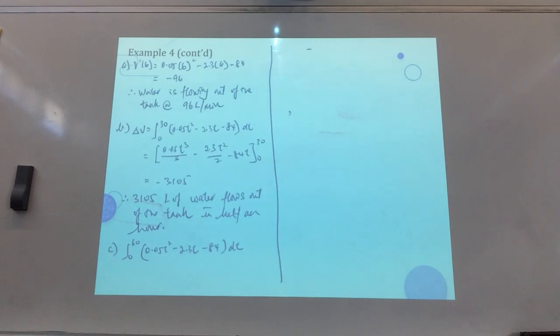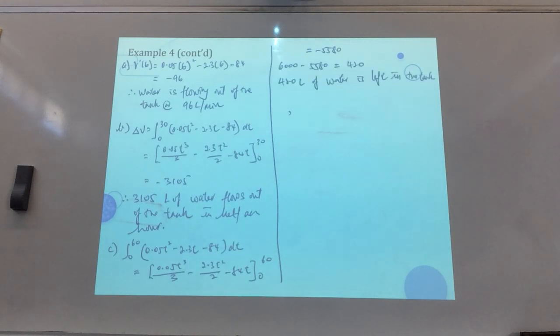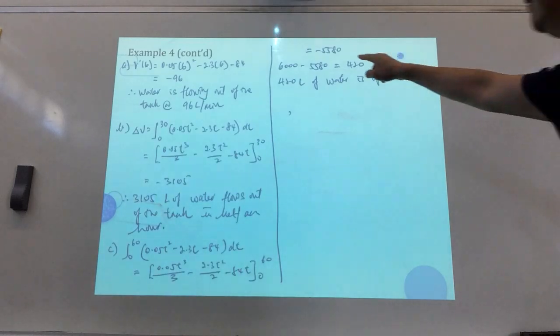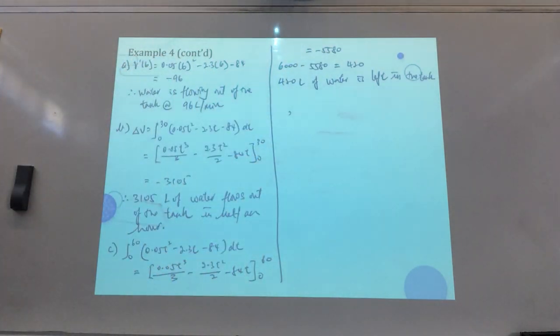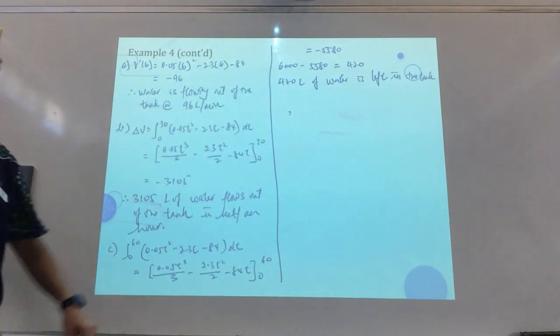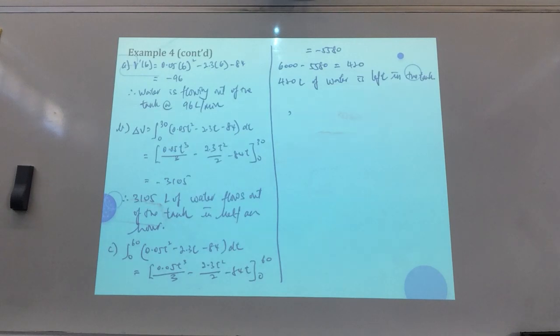Heaps of people will have done this, integrated it, and said that it's 5,580. No, because that is flowing out. So you need to take away 5,580 from 6,000. This is the bit that is tricky because you've got to interpret the question, and you find that there are 420 liters of water left in the tank.